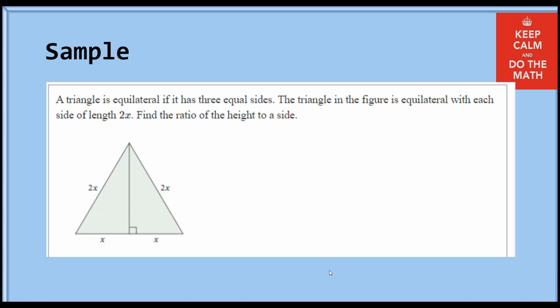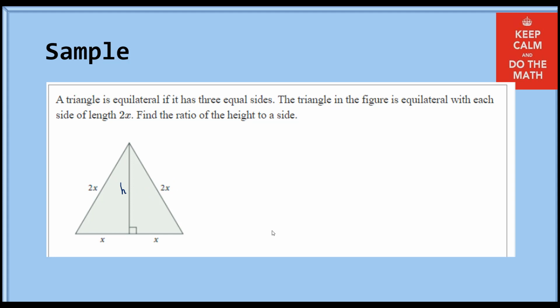Here's a sample problem that utilizes the distance formula in a slightly different manner. The question says, a triangle is equilateral if it has three equal sides. And this triangle clearly does. The bottom side is x plus x, or 2x. This side is 2x, and that side is 2x. So it's equilateral, and I want to find the ratio of the height, which is right here in between, to one of the three sides, or to 2x.